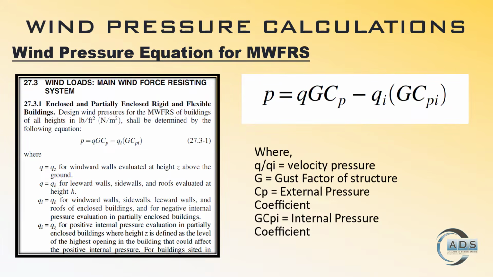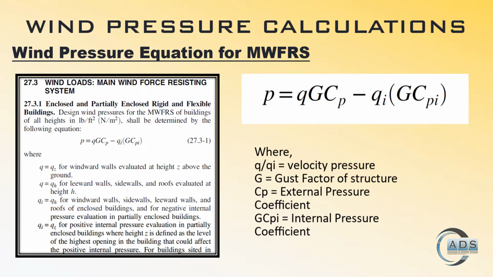We can see the equation has two terms. The first term is for the external pressure effect and the second term is for the internal pressure effect. The second term is written here with a negative sign, but practically this is an algebraic sum. This can be understood when we see the calculations from example problems.